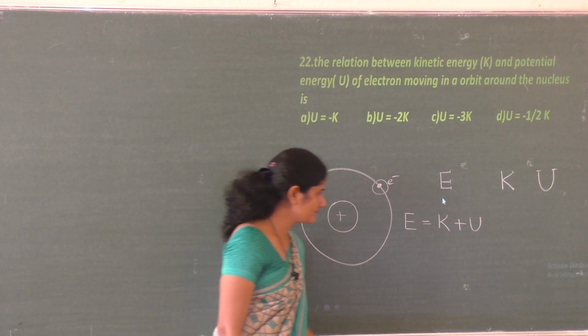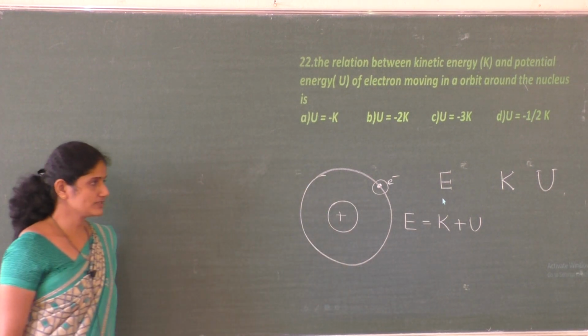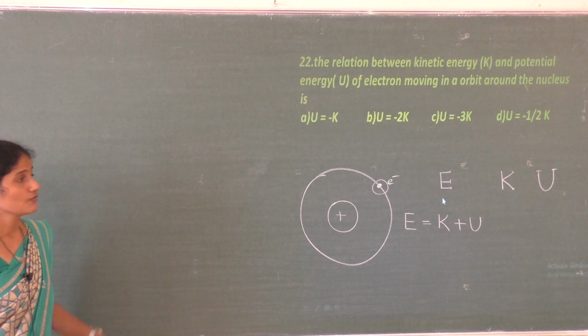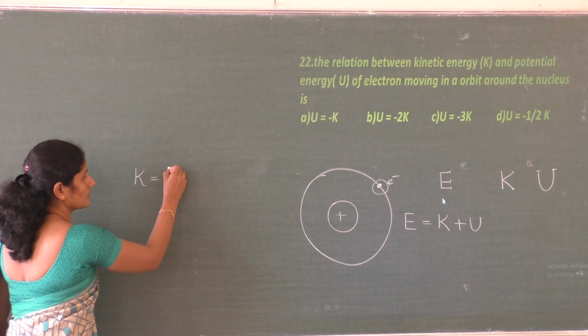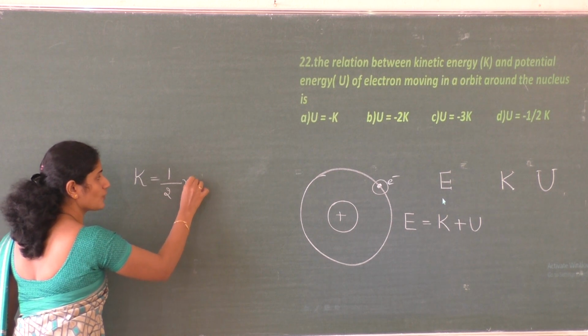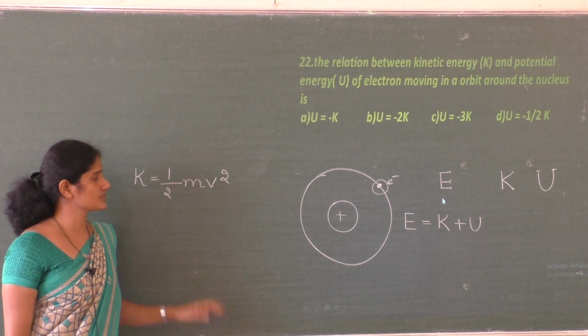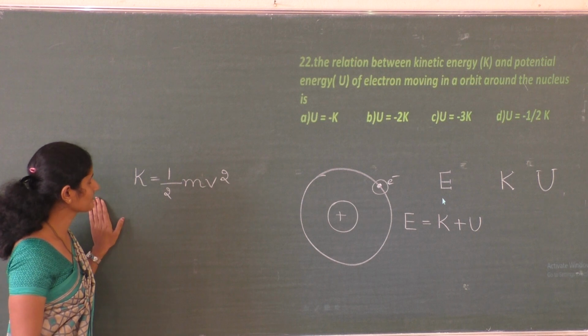Now let us see the expression for kinetic energy. We know that kinetic energy is because of velocity. The general expression for kinetic energy is K equals half m v square.